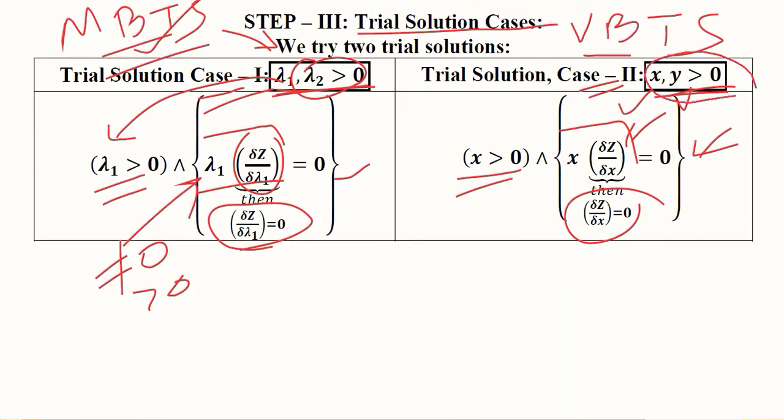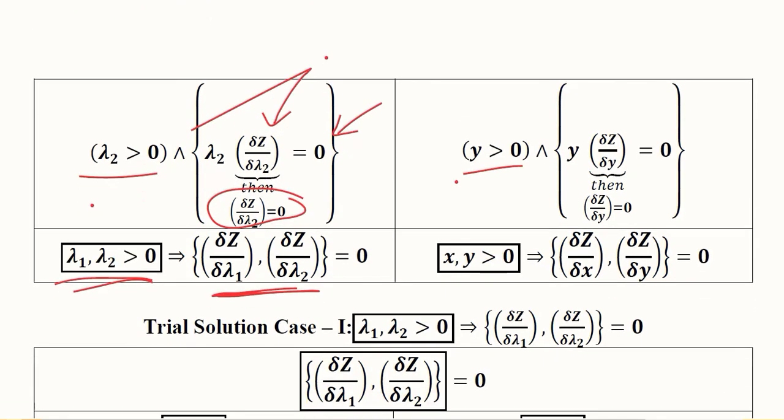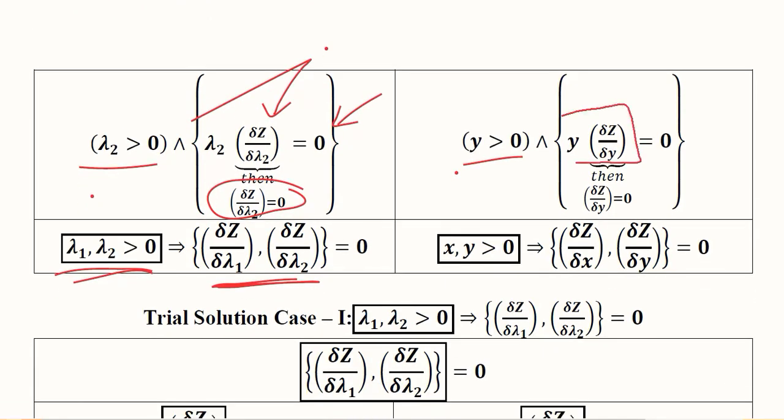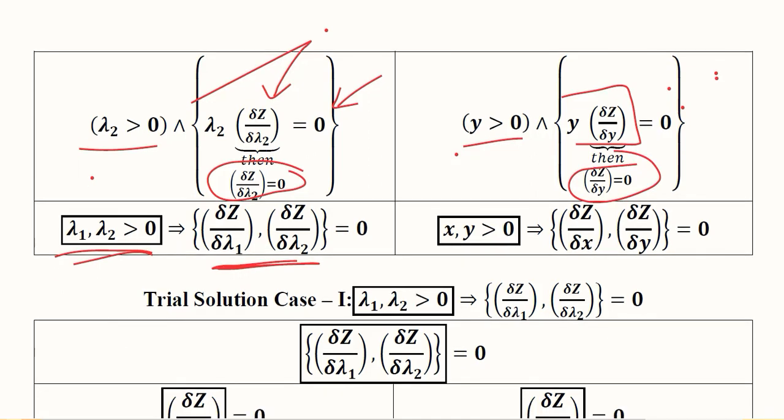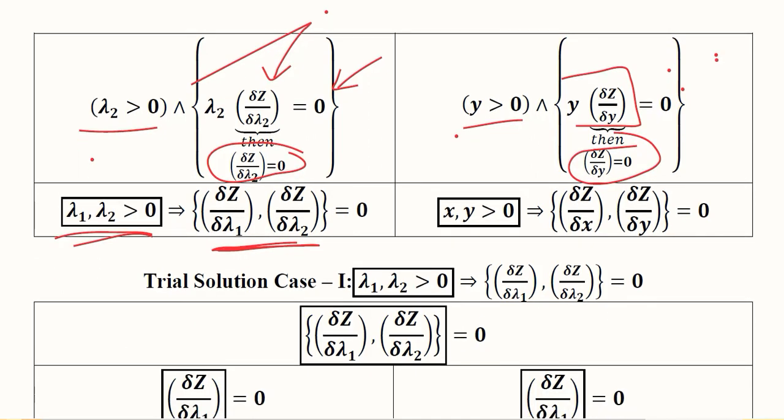So if y is positive, then this product can be equal to 0 only if this term is equal to 0. So this can be summarily written in this row, that is, if both x and y are positive, then the Lagrangian function's derivatives with respect to those independent variables respectively will be equal to 0.